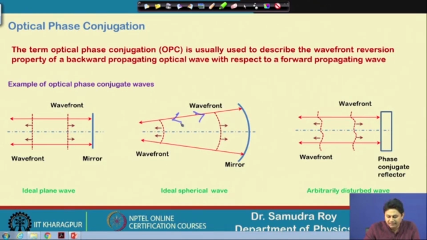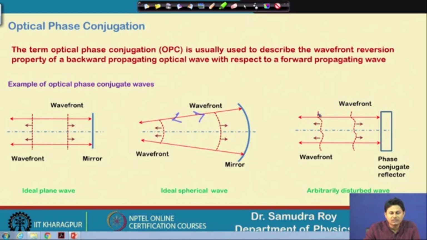But the important thing here is that any shape of wavefront, you can see that this is a distorted waveform, and if this distorted waveform is reflected from this phase conjugate reflector, what happens? It will return the same wavefront, even though it is reflected, the distortion is there. During a normal reflection there is a possibility that it will not move in the same direction, but here we find that it will move in the same direction as this is a phase conjugate reflector.